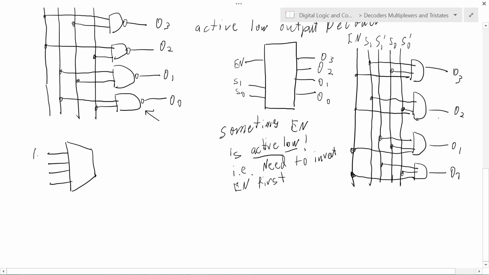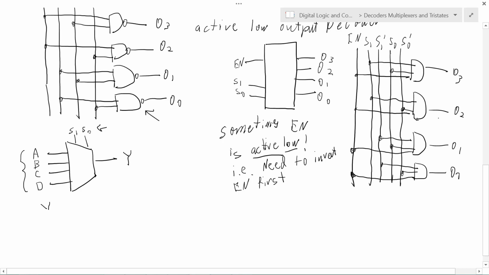Call these inputs A, B, C, D. And then we have selection signals S1 and S0. Selection signals S1 and S0 are used to select which of these values are sent to Y.